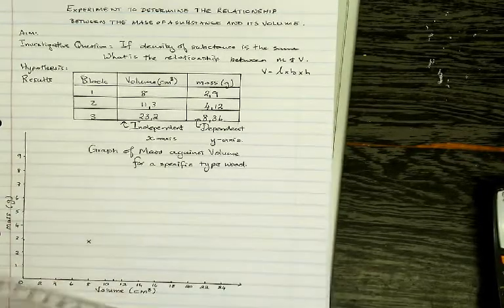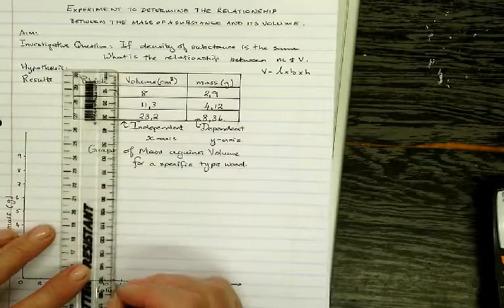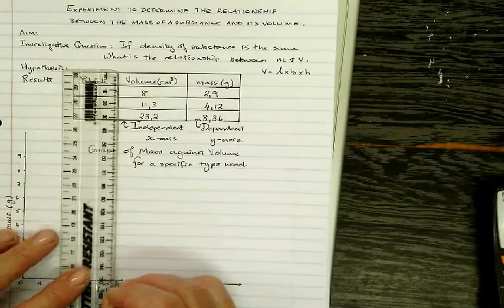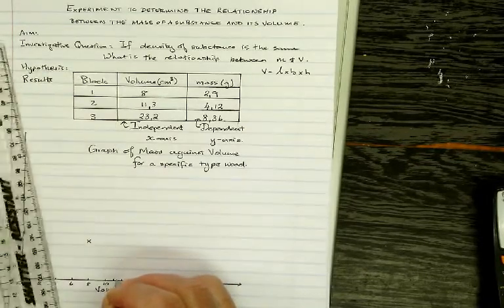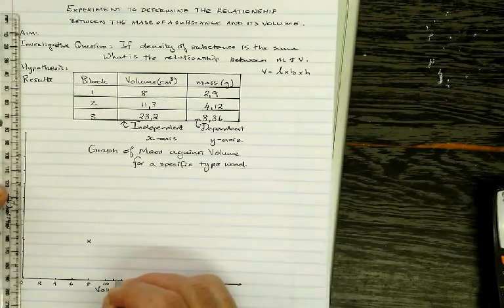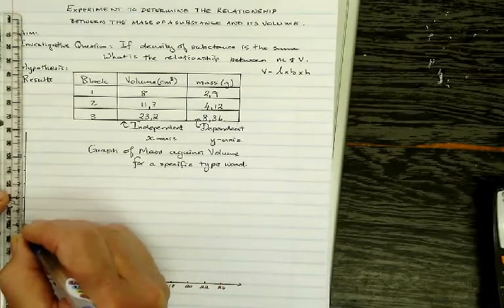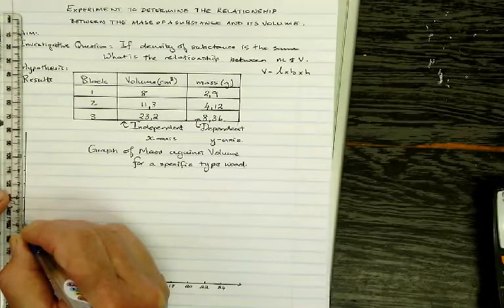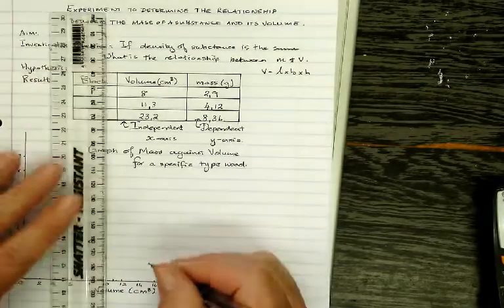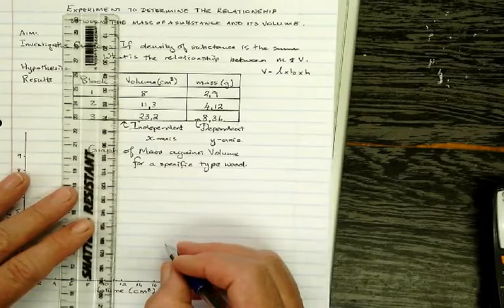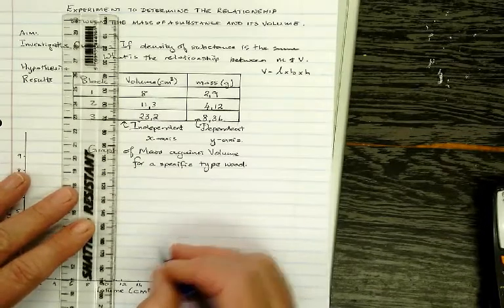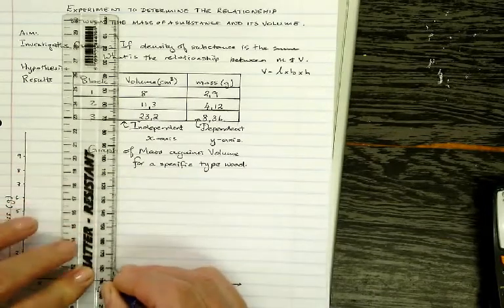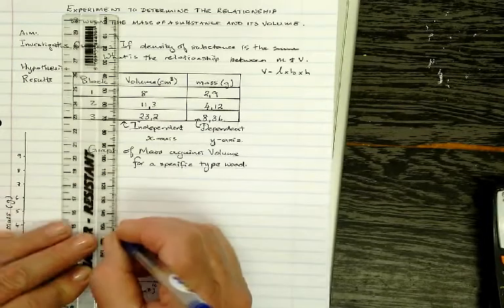So it is there, and the mass is 4.12. Now 4.12 would be just above 1 millimeter from 4. So I would go 4.1 centimeters up. 1, 2, 3, 4.1.